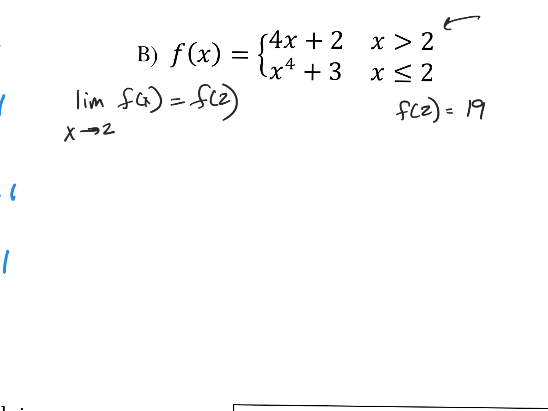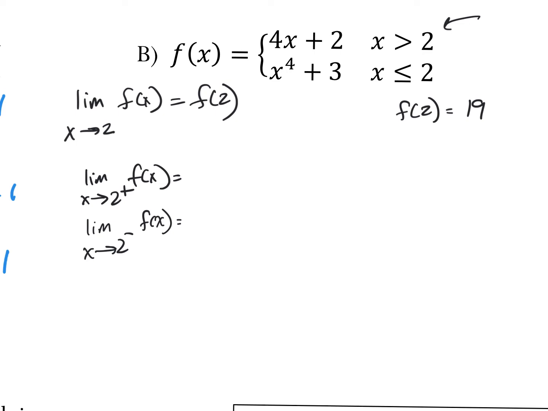So now what we have to do is find the limit as x approaches 2 of f of x. Because this is a piecewise function split at x equals 2, we have to find the limit as x approaches 2 from the right and the limit as x approaches 2 from the left. Which function do I use for 2 from the right?